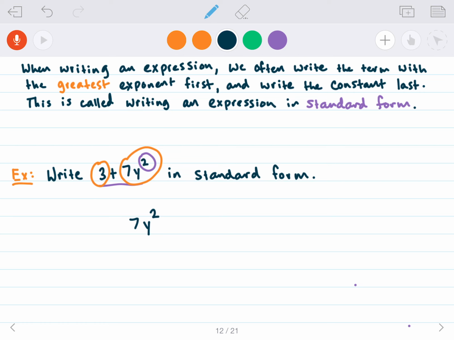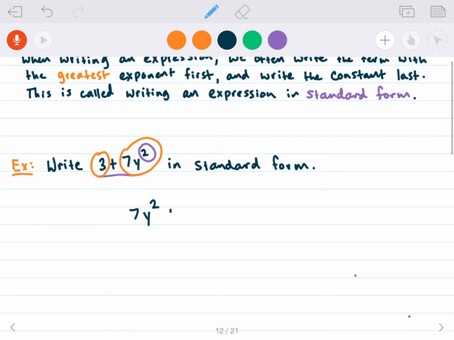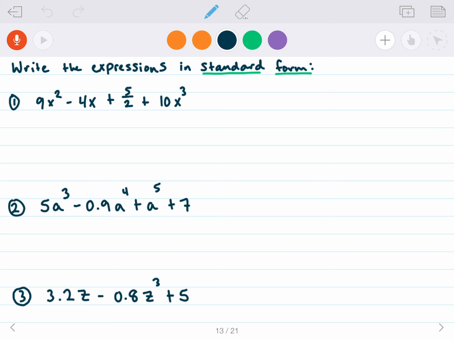There's no plus or minuses separating them. So 7y squared and then a positive 3. There is a positive right there. It's not shown, but that is an understood positive, okay? So this is 7y squared positive 3. That's in standard form. Let's do some more practice writing these guys in standard form.